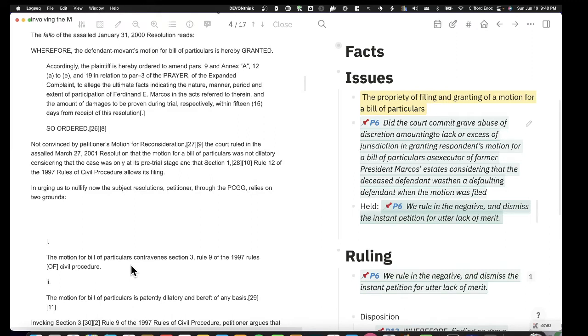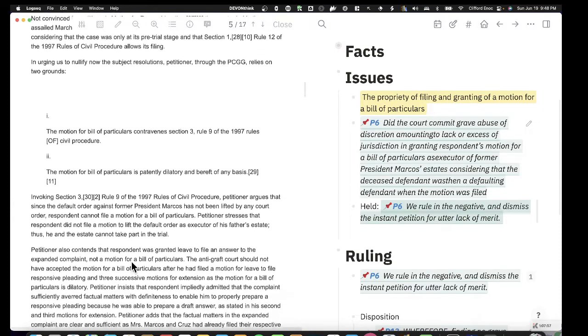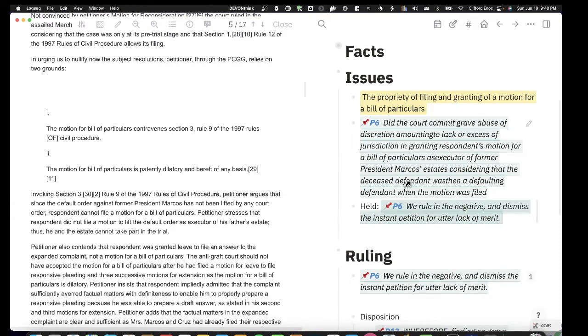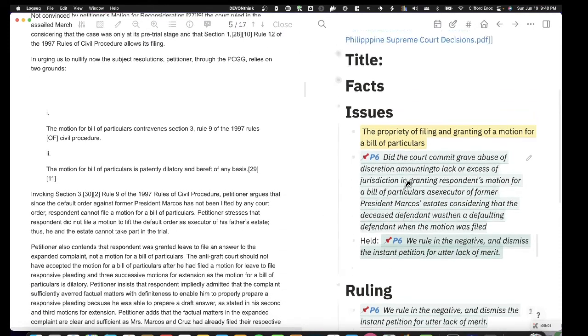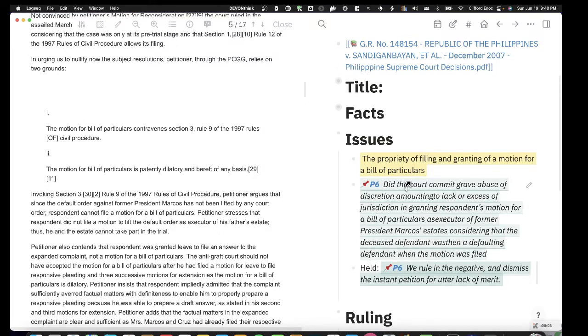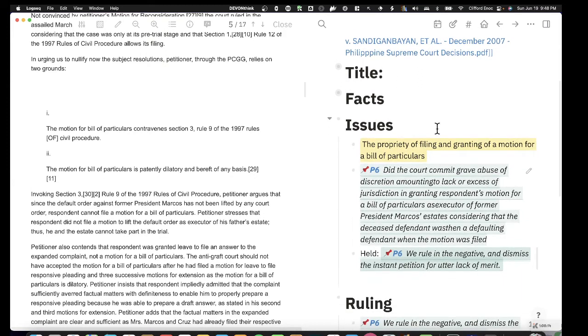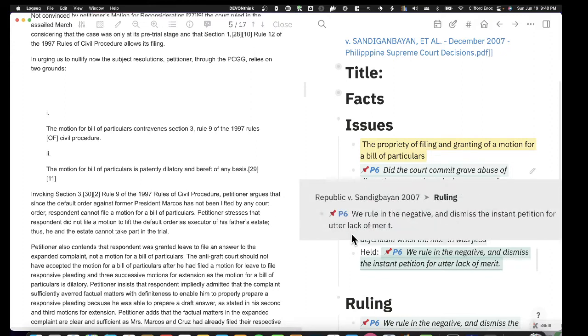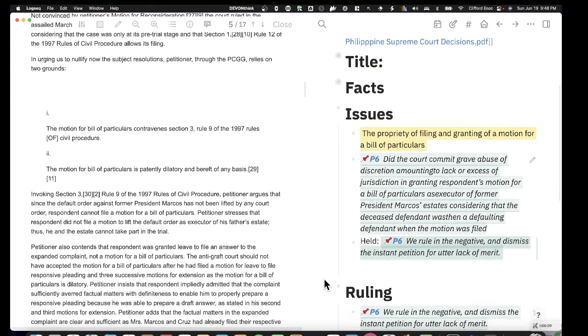Okay. So alam na natin na nangyari that the petitioner filed the petition claiming that the court committed grave abuse, which it did not, and the Supreme Court ruled in the negative and dismissed the petition for utter lack of merit.